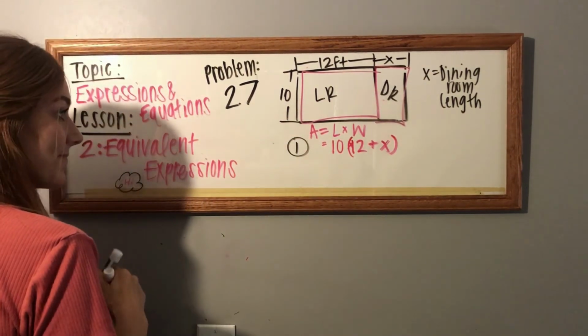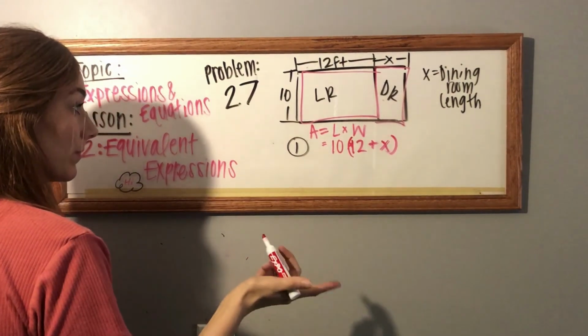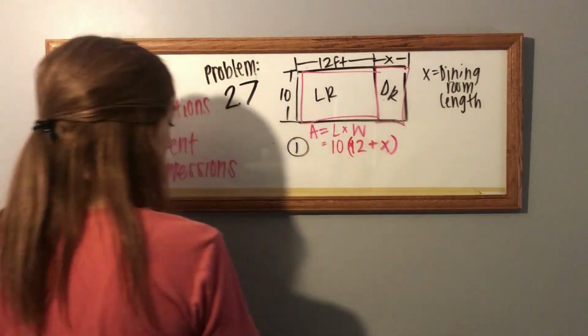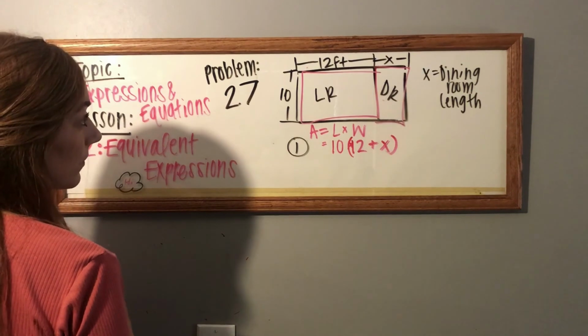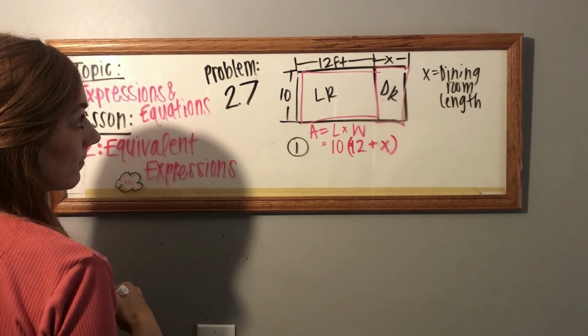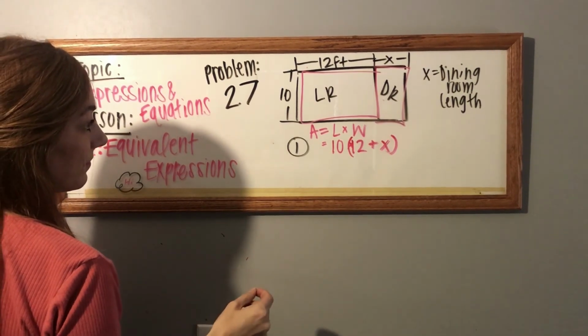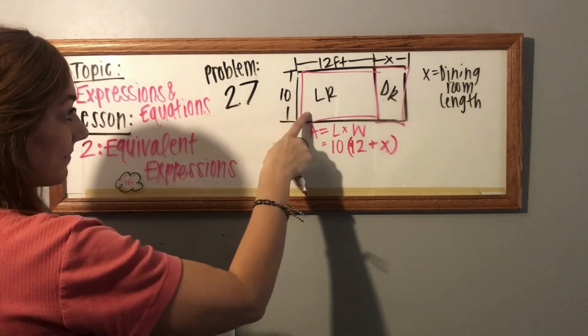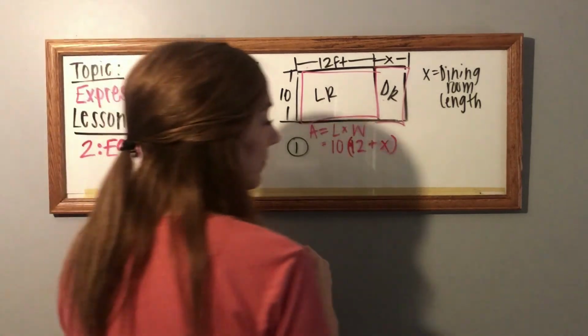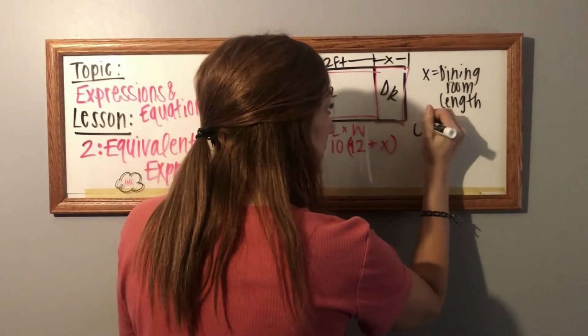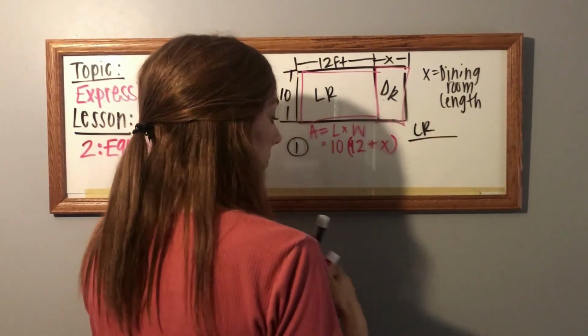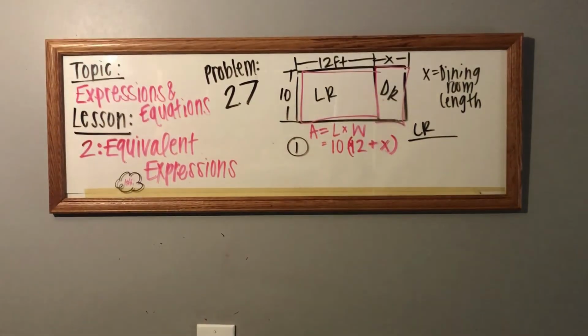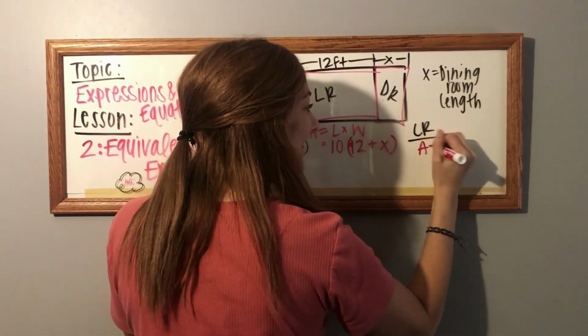And then I want you to think about this differently: let's not combine them first. Let's figure out how much each is worth, and then we'll combine it. The living room on its own is length times width, with a length of 10 and a width of 12.